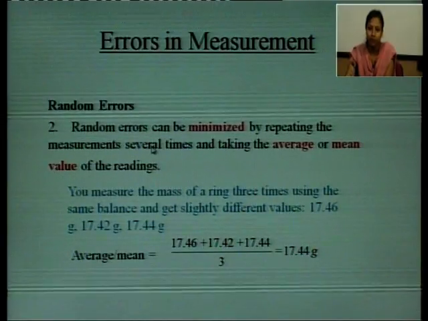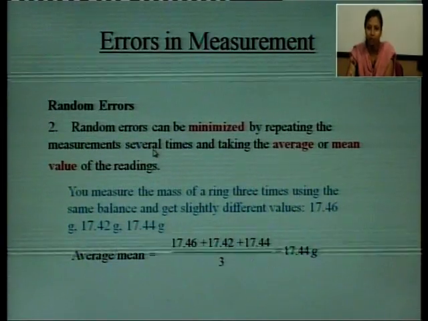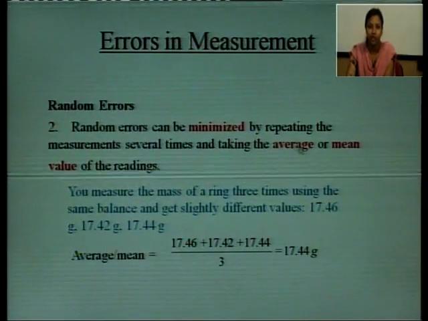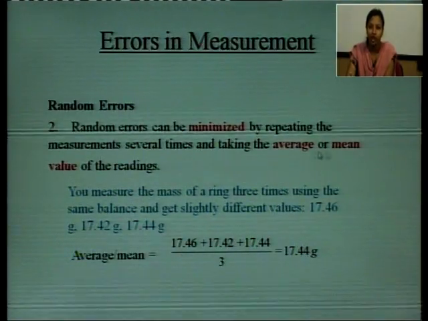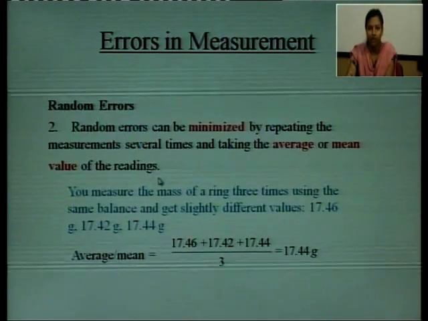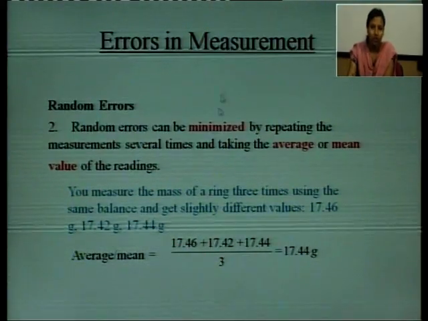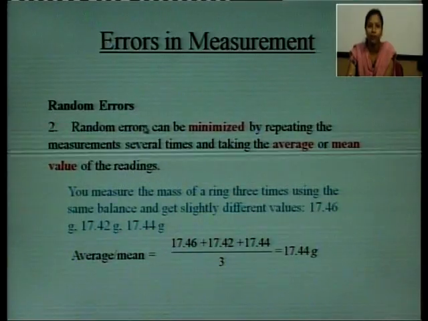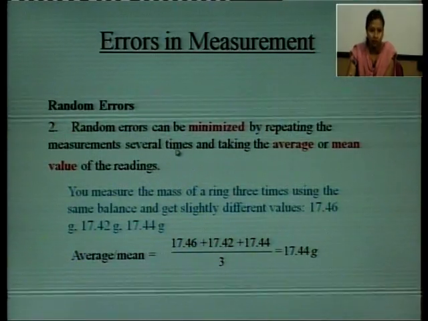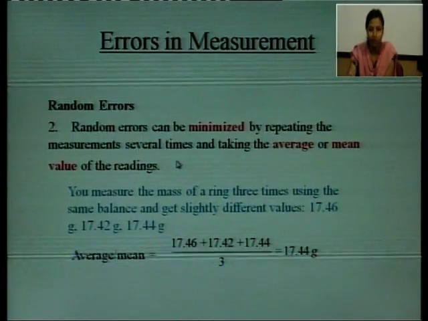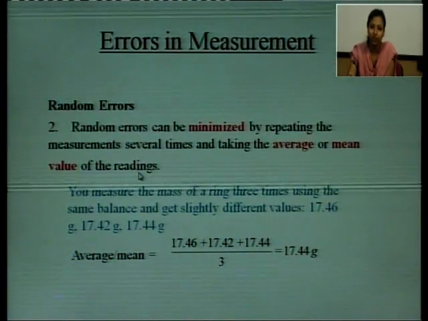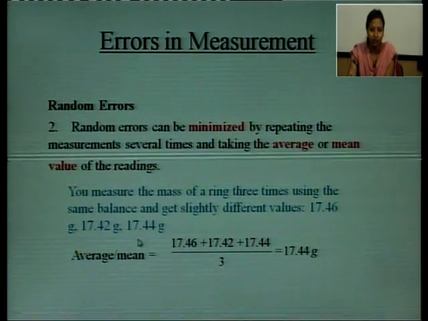Here we are repeating the experiment 3 times and taking the average or mean value of the readings. So a random error can be minimized by taking a measurement several times first and then taking the average or mean value of those readings.